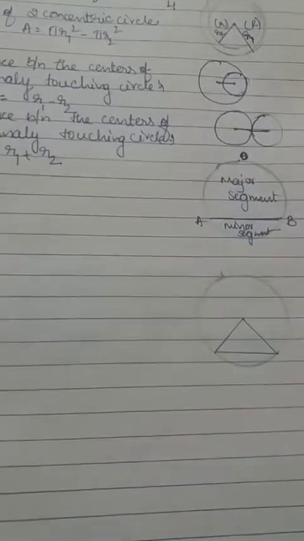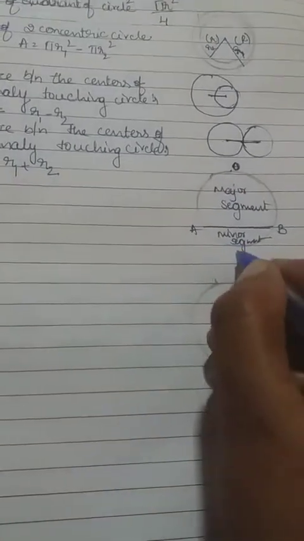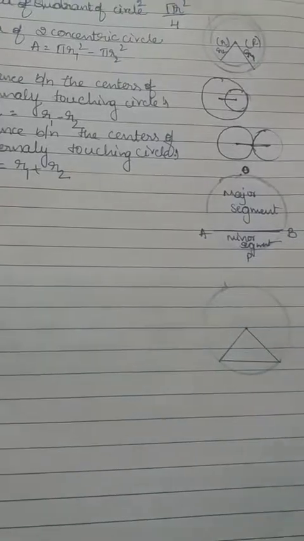Let us take O. So this is the center O and P is on the circumference.